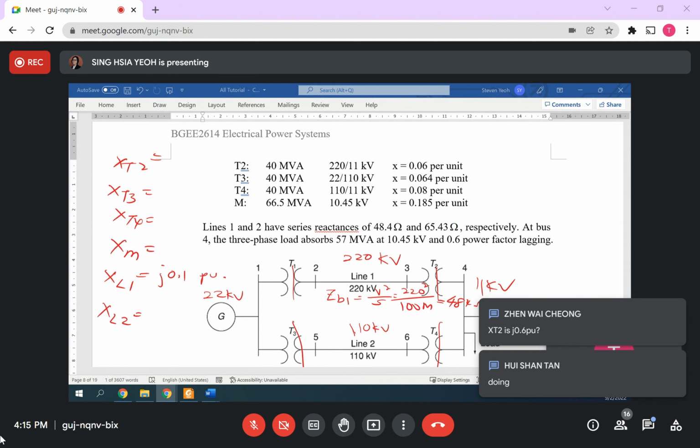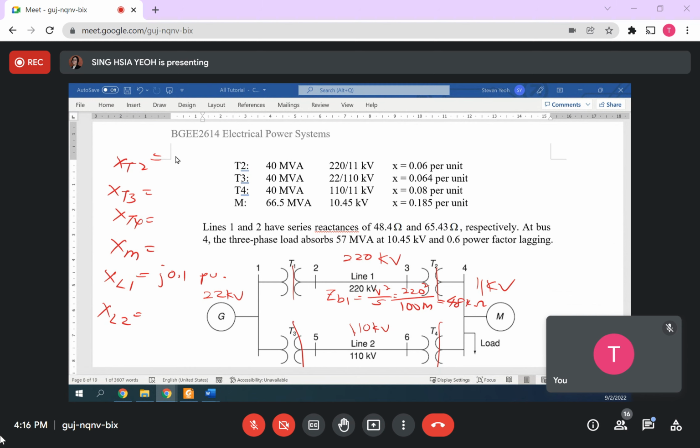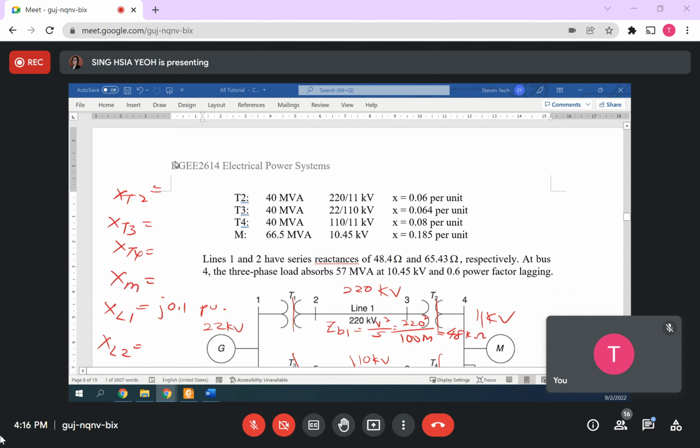XT2 is, yeah, with some thanks. Then why is XT2 0.6? T2, no? How do you get 0.6? That means I need to show you. It should be 0.06.